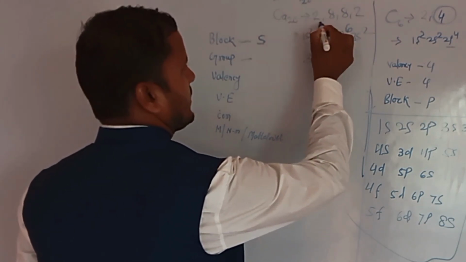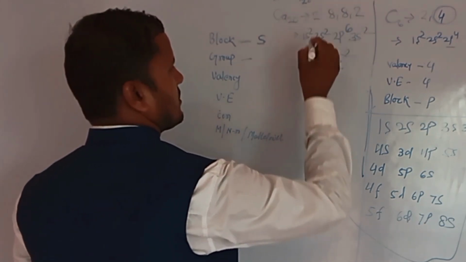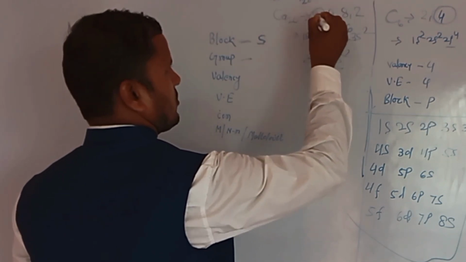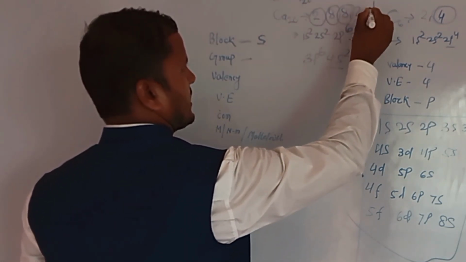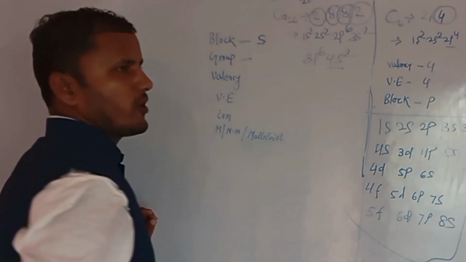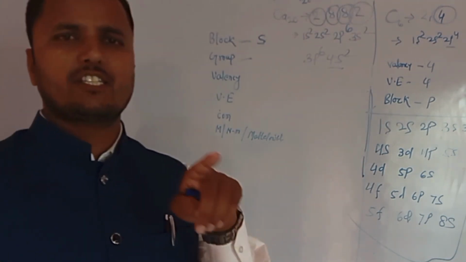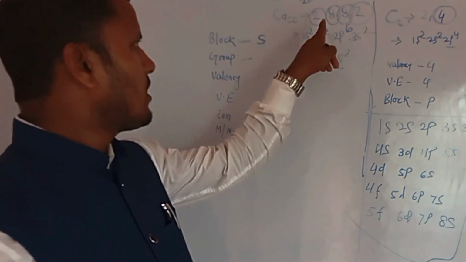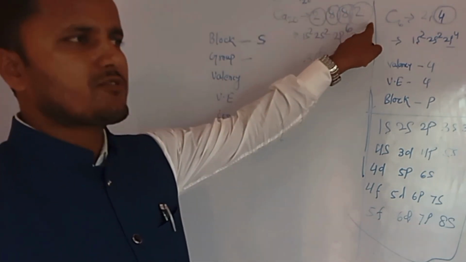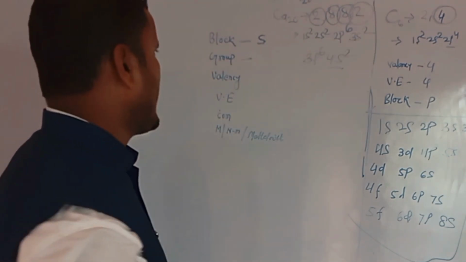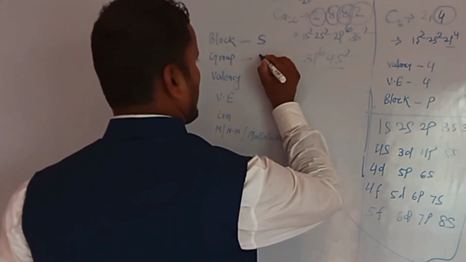First orbit, second orbit, third orbit, and this is the fourth orbit. It means calcium's group is 4, and group is always written in Roman.